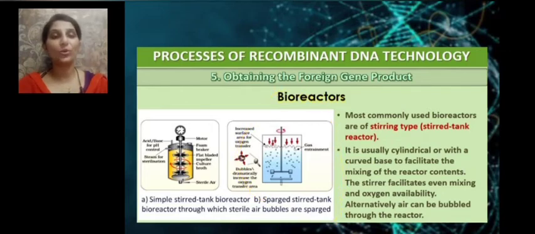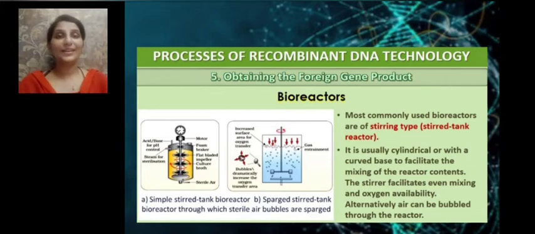Okay, so that's a peculiarity of the sparged stirred tank reactor, in which the air bubbles can be sparged or input at a high speed. Usually the bioreactors are cylindrical and the base is curved so that it helps in mixing up all the reactants. And also when it is stirred, it helps in uniform mixing with oxygen, and alternatively the air can be bubbled through the reactor.